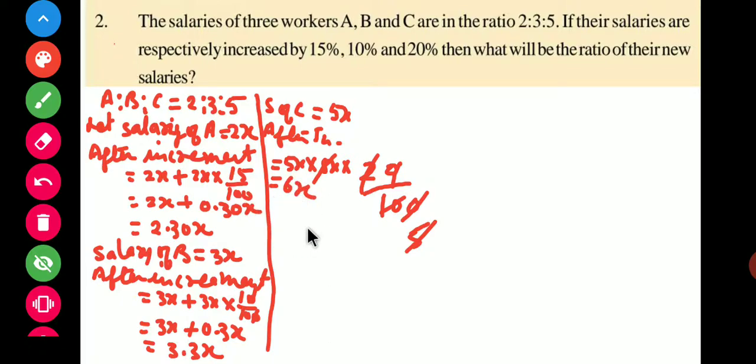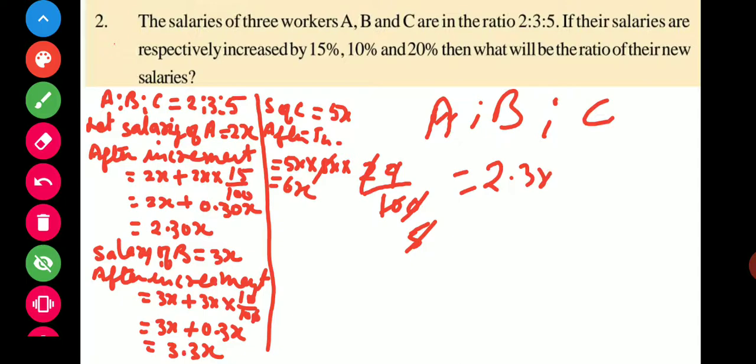So we want to find the ratio between A, B and C. You can see here the ratio between A : B : C is equal to A is 2.30x, B is 3.3x, and last one is 6x.